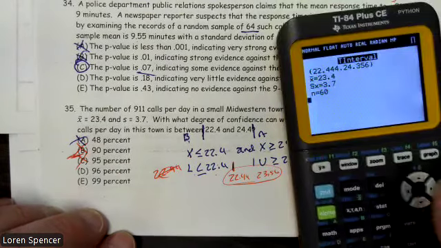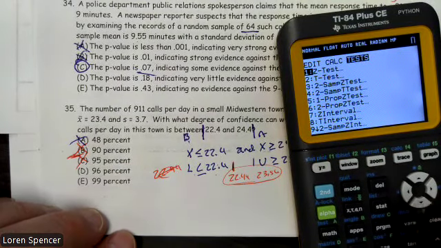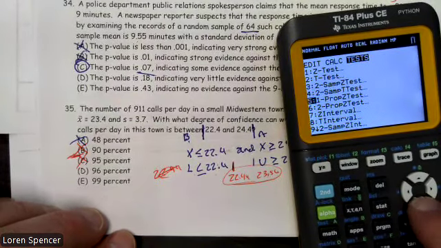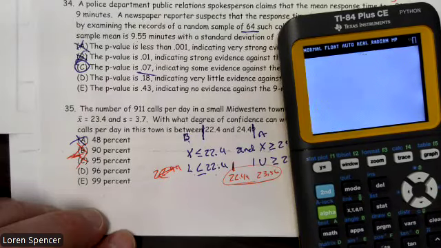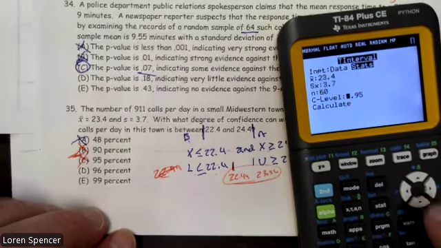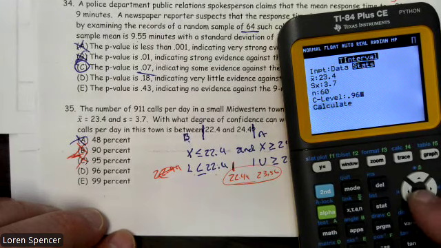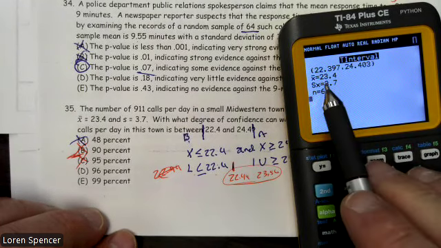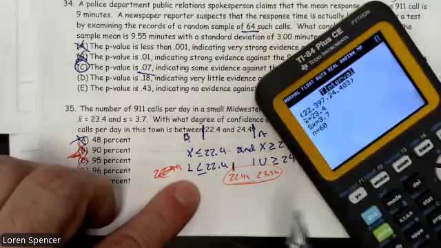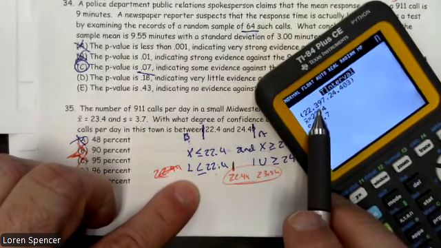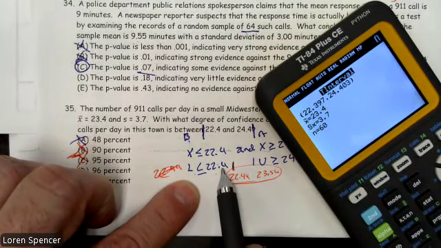So now we're going to go to 96, stat test, T interval, change it to 96. 22.397. 22.39 is definitely lower than 22.4.